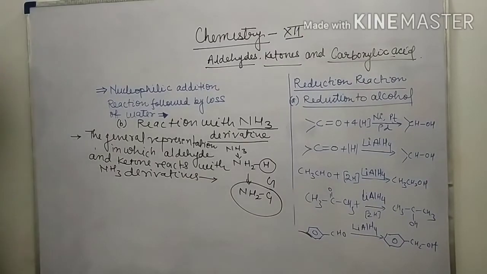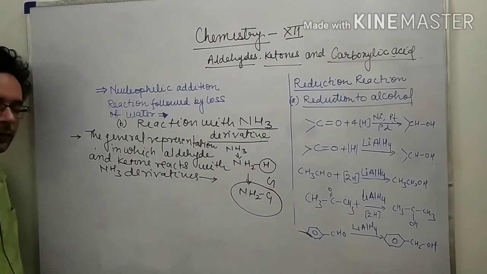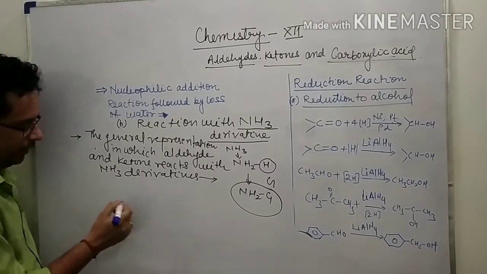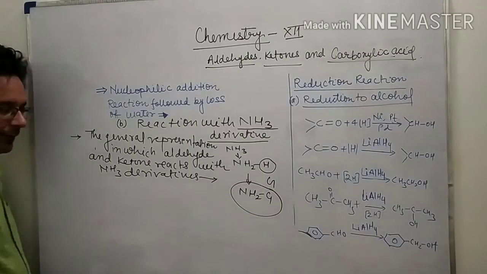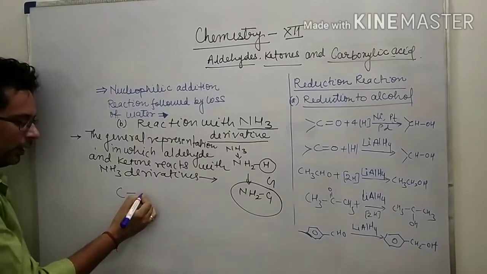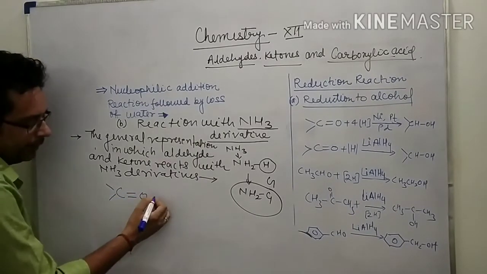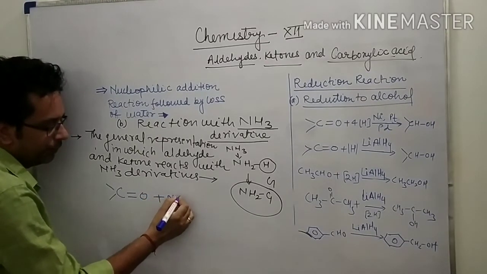First we discuss the general representation, then we explain with an example. So look here, this is the ammonia derivative, that is NH2G. Now look here, any aldehyde or ketone reacts with NH2G.